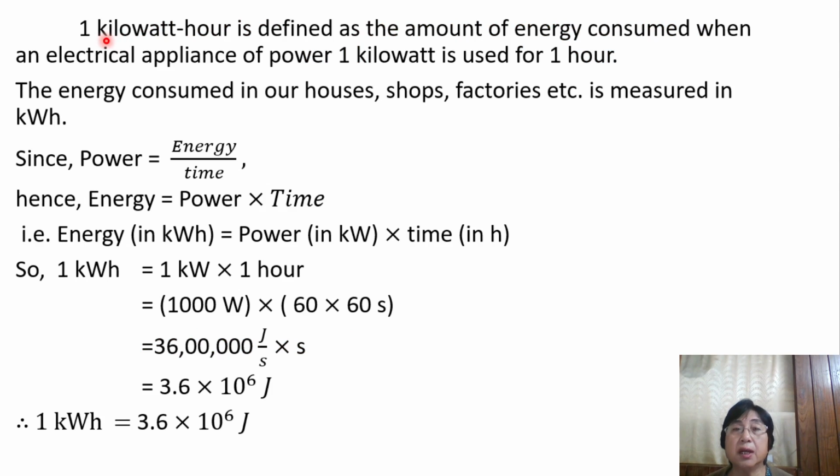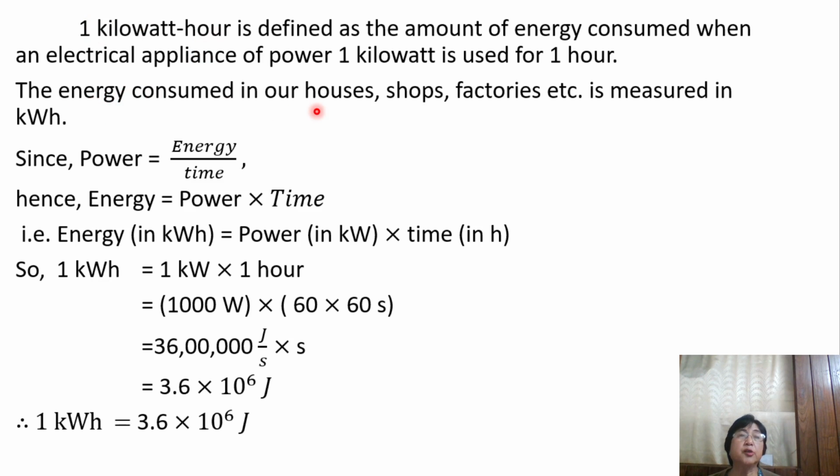So what is 1 kilowatt hour? 1 kilowatt hour is defined as the amount of energy consumed when an electrical appliance of power 1 kilowatt is used for 1 hour. We have an appliance of 1 kilowatt used for 1 hour, then we call the energy kilowatt hour. Please remember, this is a unit of electrical energy, it's not the unit of electrical power, okay?